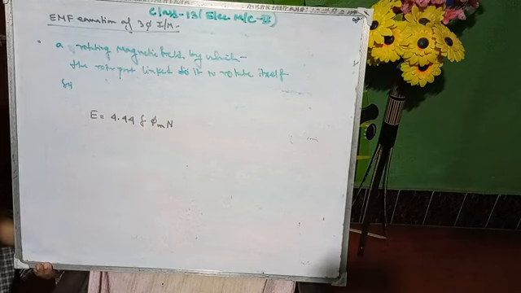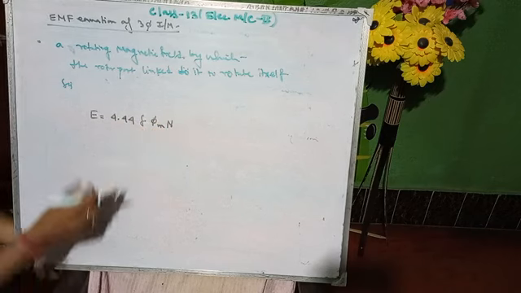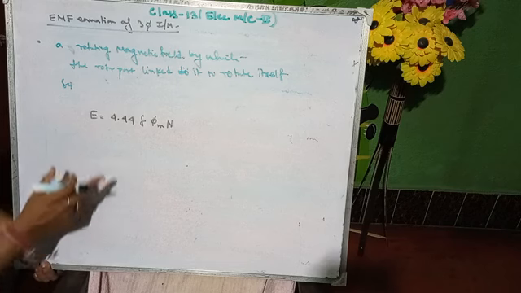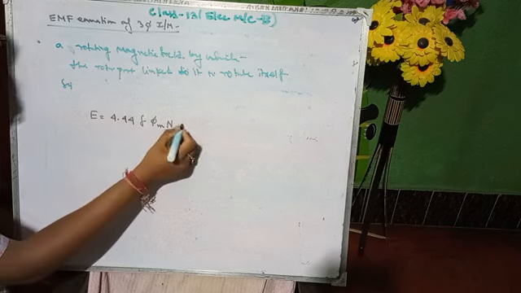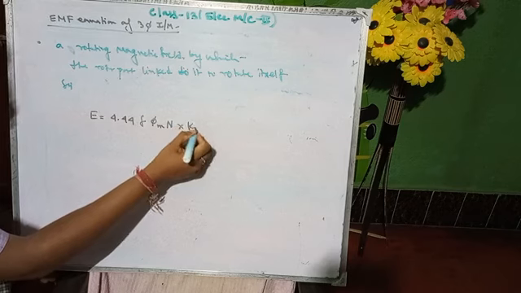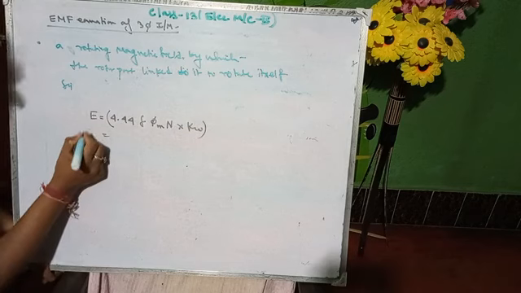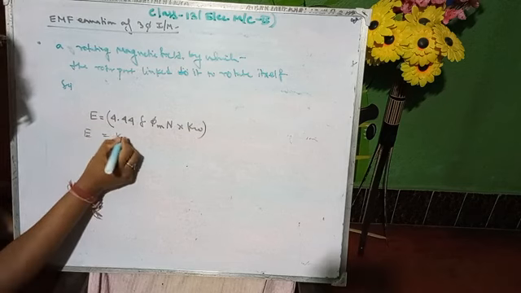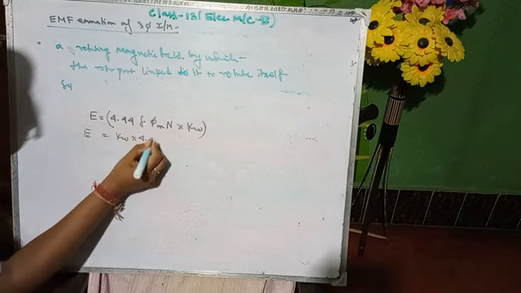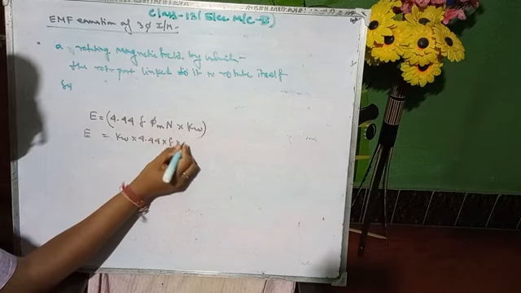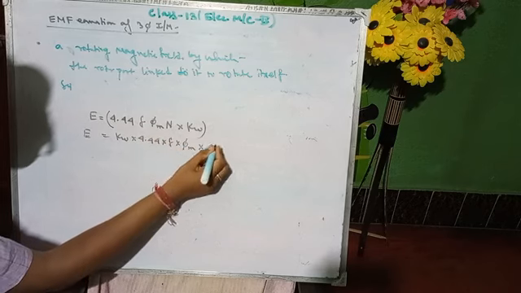So this is for your transformer concept. Now I am writing it for the three-phase induction motor, so kW will be here. So E equals kW into 4.44 into F into phi m into Ns.